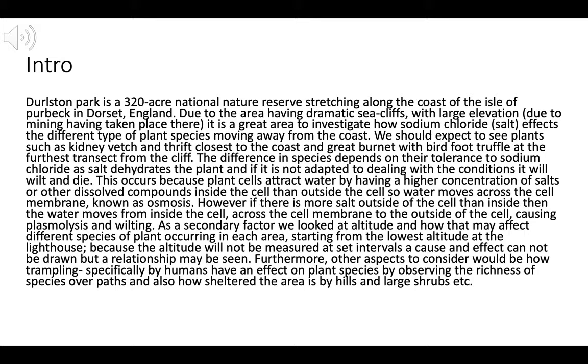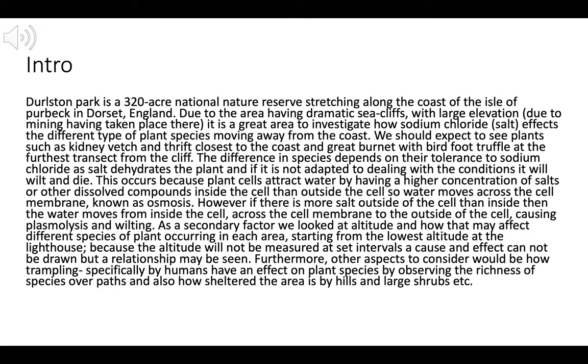However, if there is more salt outside of the cell than inside, then the water moves from inside the cell across the cell membrane to outside of the cell, causing plasmolysis and wilting.